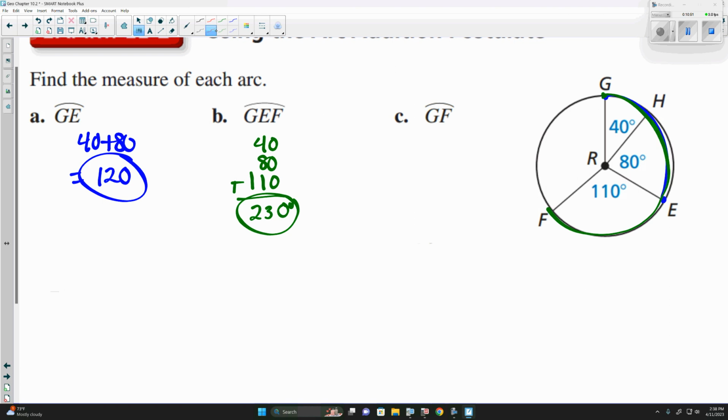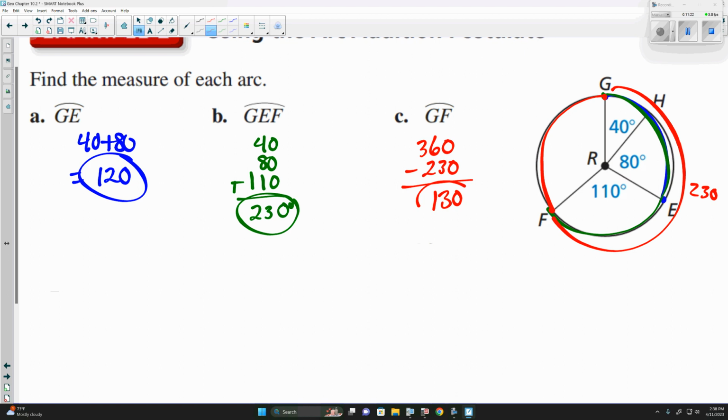Last one we have is GF. So 180 we don't quite have because none of them is a diameter. But do we know what this is? All of that is 230, and the whole thing is 360, so I could say 360 minus 230.